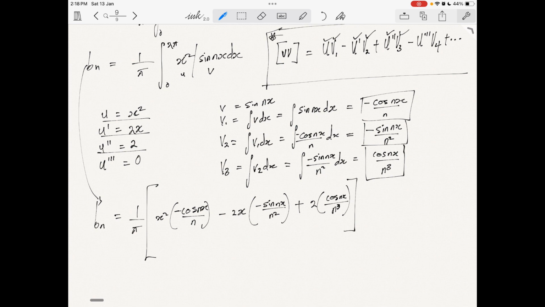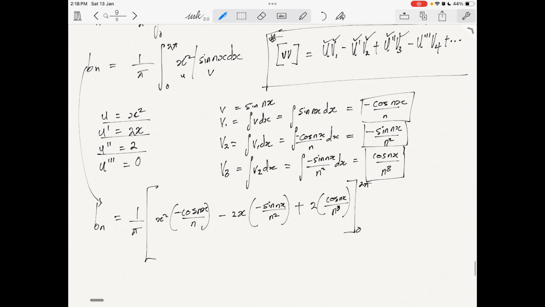And we are dealing from a limit of 0 to 2 pi. Now, we do not include u prime prime prime, that's triple prime, because it is 0, which will eventually cancel out.